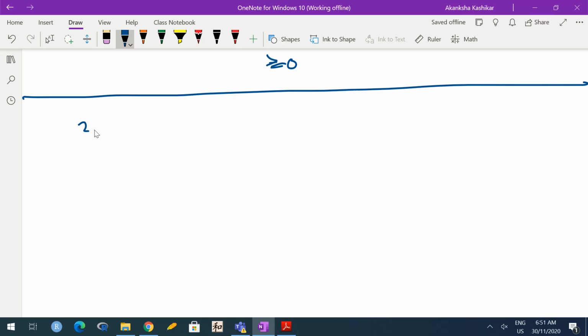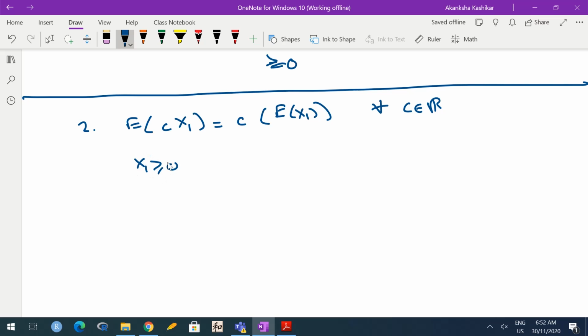Now, the next result is about multiplication by a constant. We have to prove that expectation of Cx1 is C times expected x1 for every C in R, and we don't have any condition on x1 also. So x1 can be non-negative, negative, arbitrary, anything. Of course, for simple random variables, we have already proved this, but now we have to prove it for non-negative and arbitrary. So let us first assume that x1 is greater than or equal to 0 and C is greater than 0.